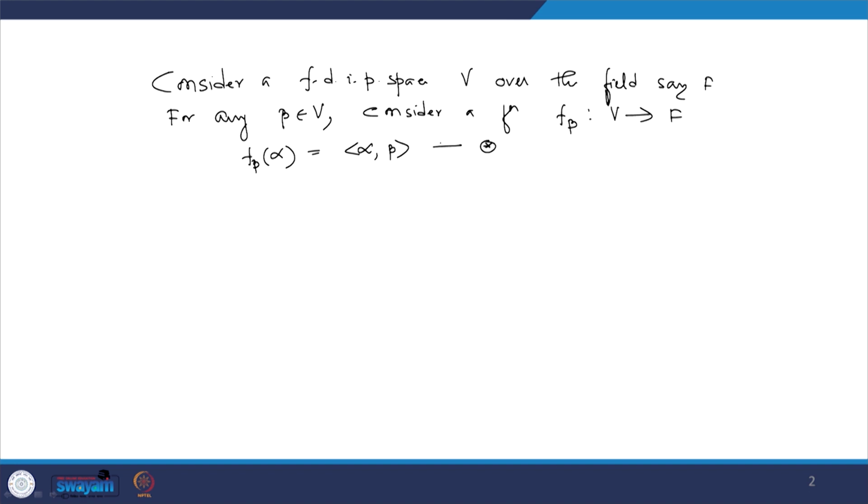Now, if I define a function from V to F like f beta of alpha equal to the inner product of alpha, beta, then we can easily show that this f beta is a linear functional.